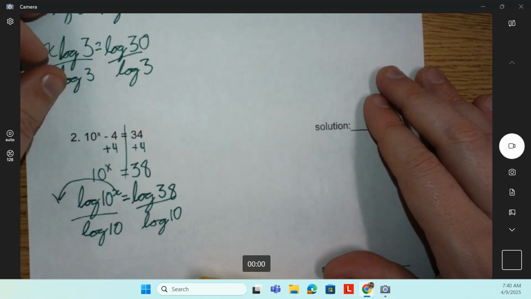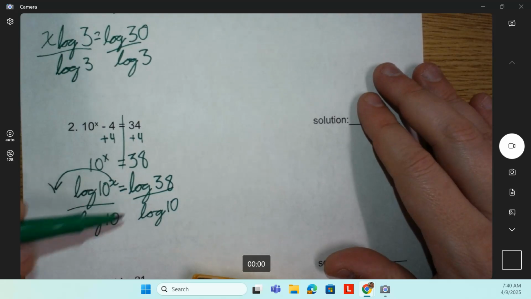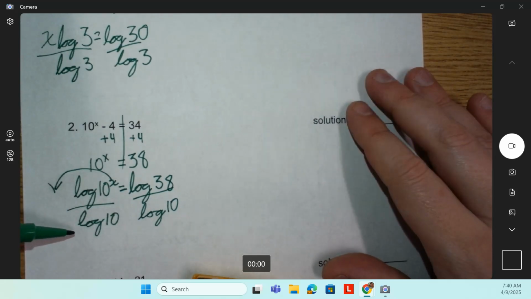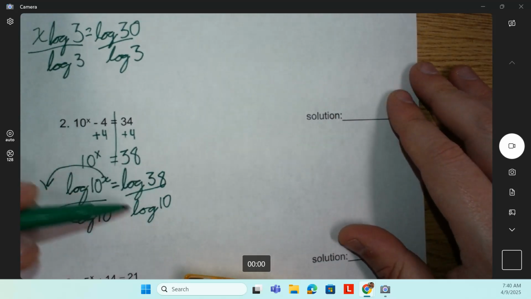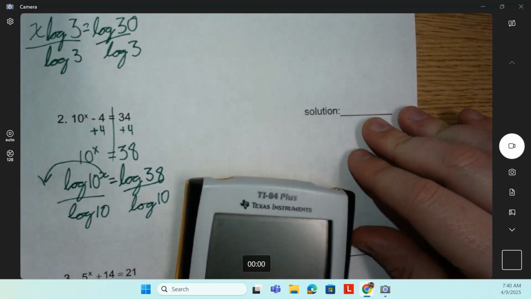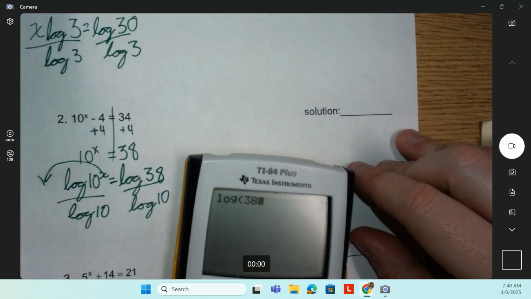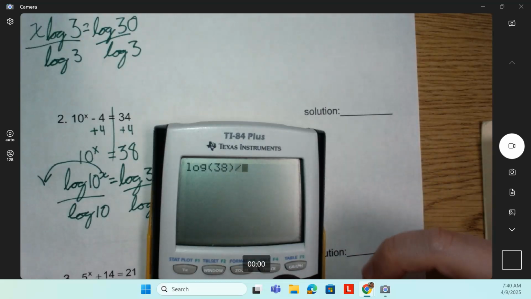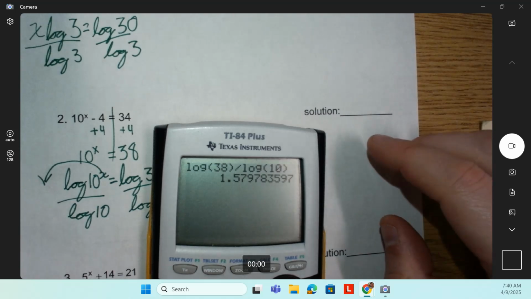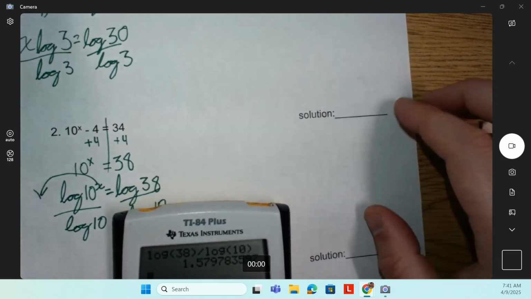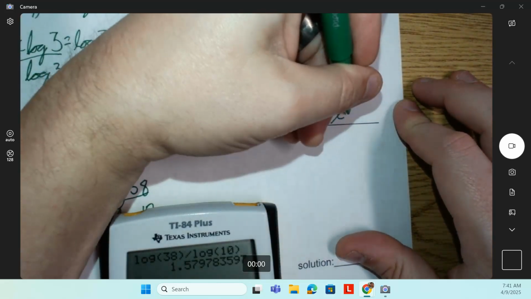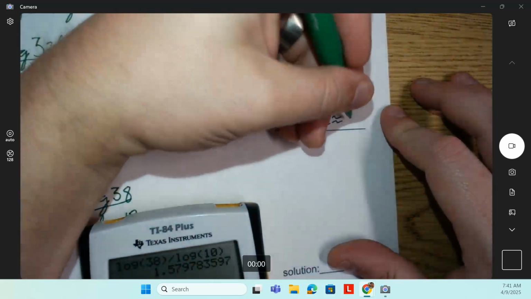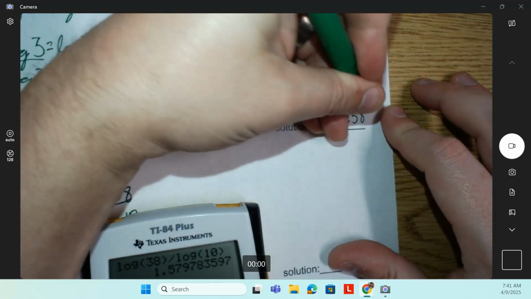You'll start shortening these steps pretty quickly as you've got the pattern down. But just doing log 38 divided by log 10, I get 1.5797, so 1.580. So x is about equal to 1.580.